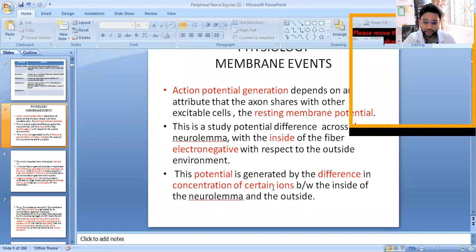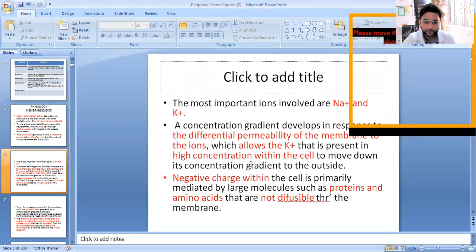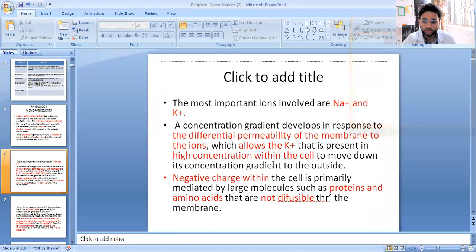This potential is generated by the difference in concentration of certain ions between the inside of the neurolemma and the outside. The most important ions involved are sodium and potassium. A concentration gradient develops in response to the differential permeability of the membrane to the ions, which allows the potassium that is present in high concentration within the cell to move down its concentration gradient to the outside.